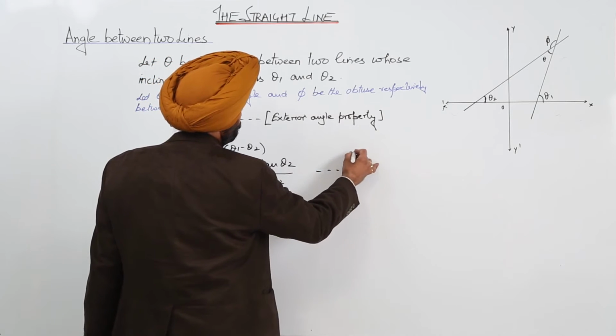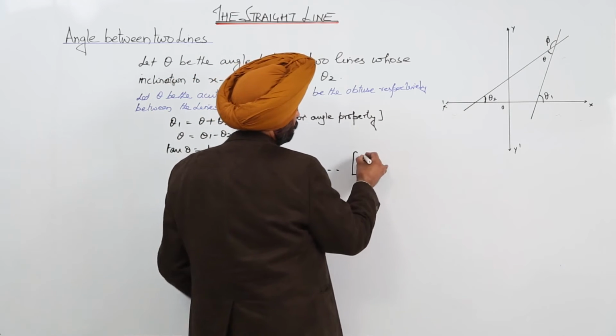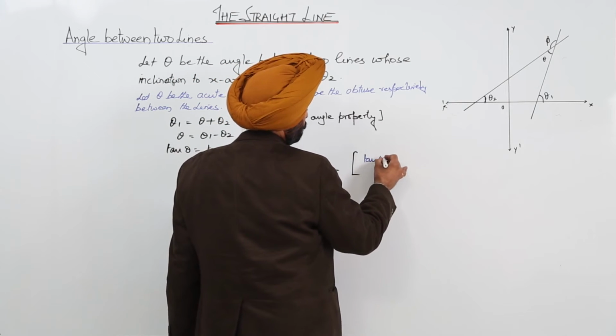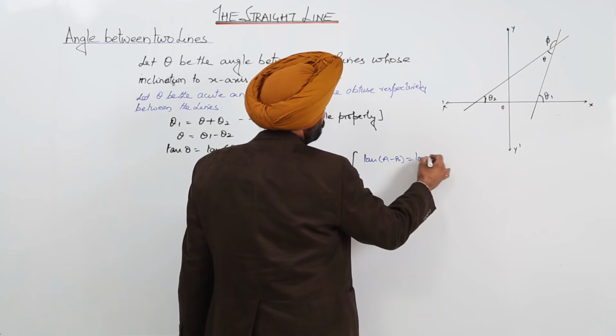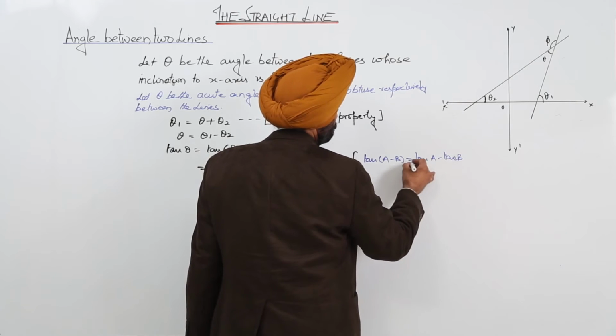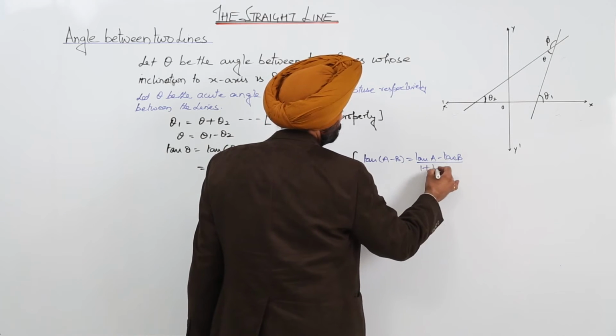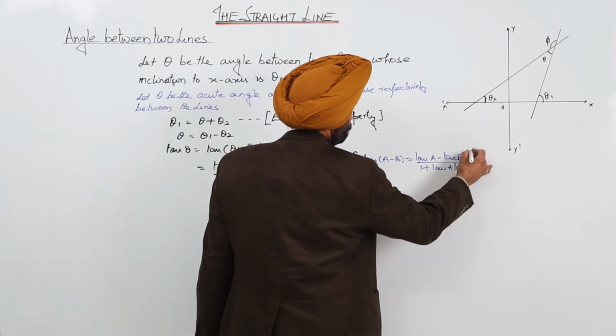What we have done here is we have used the formula tan of A minus B is equal to tan A minus tan B upon 1 plus tan A tan B.